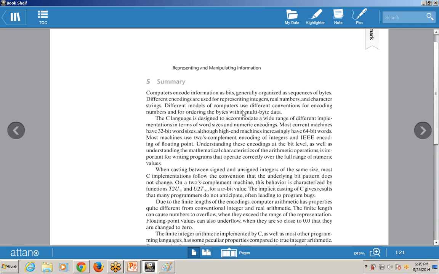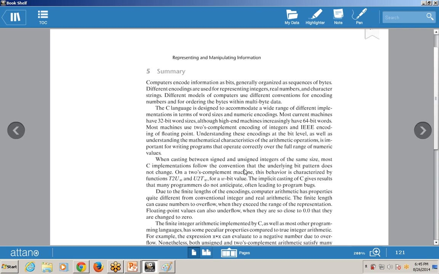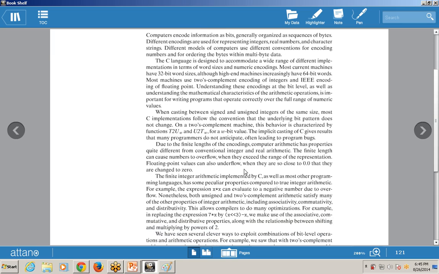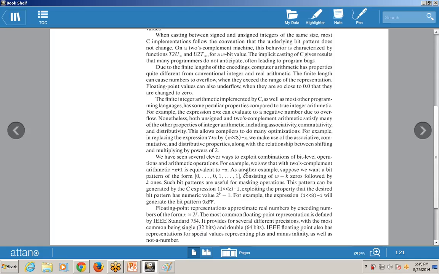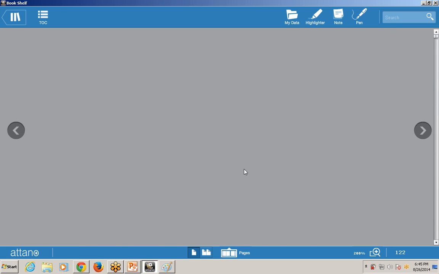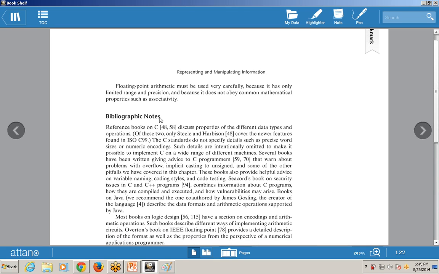Different models of computers use different conventions for encoding numbers, either bit by bit, byte by byte, or kilobyte by kilobyte. The next paragraph says floating point arithmetic must be used very carefully because it has only limited range and precision, and because it does not obey common mathematical properties such as associativity.